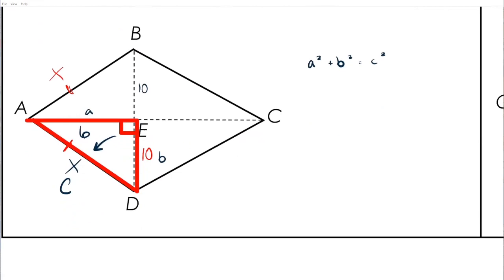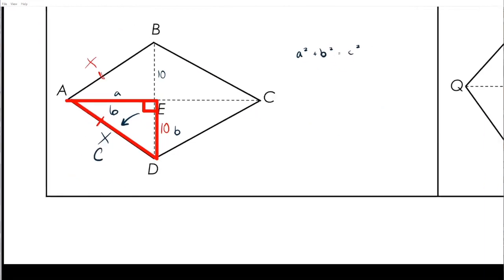Okay. So we're going 6 squared plus 10 squared is x squared. 36 plus 100 is x squared.